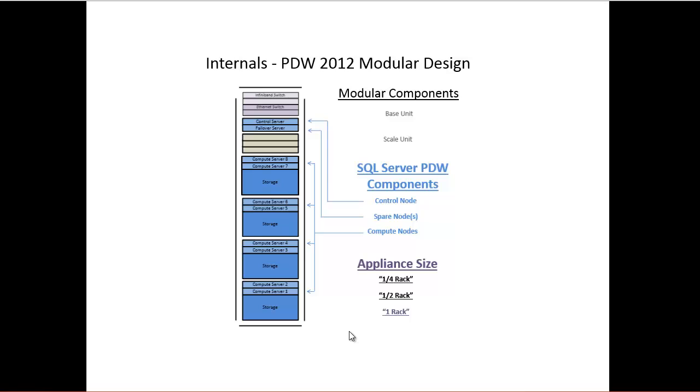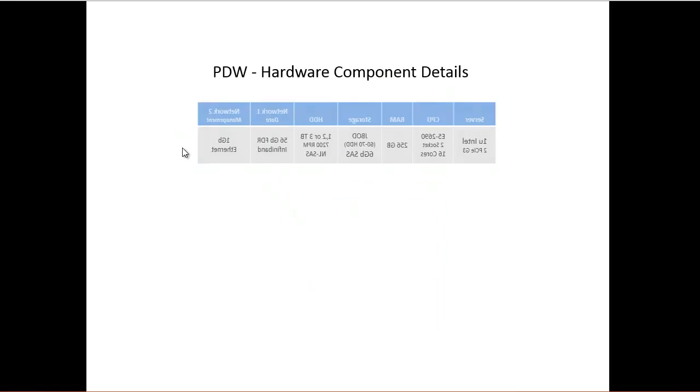Now for PDW, there's really no reason for you ever to remote into these servers and do any kind of work or poking around. All that you can manage through the control node of the PDW. It provides an interface for that.